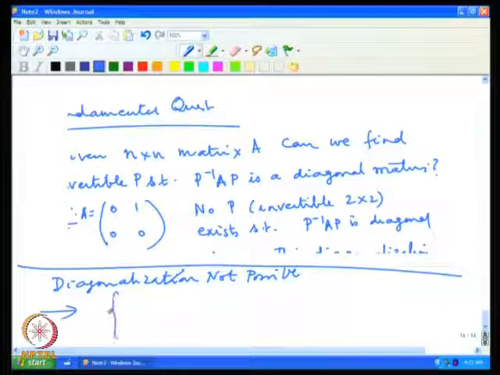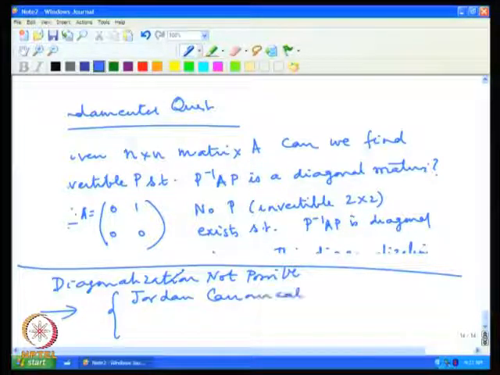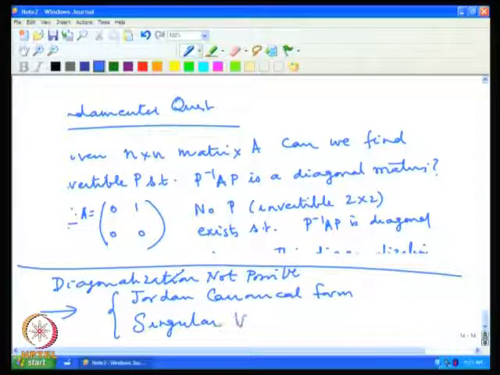One is the so called Jordan canonical form, and the other, which is very useful in applications, is called the singular value decomposition.